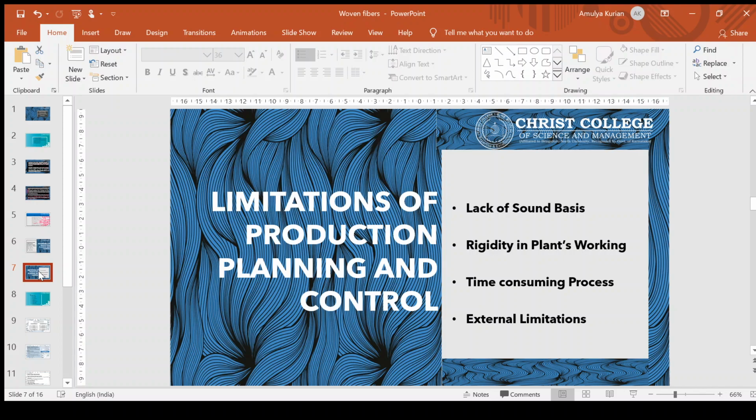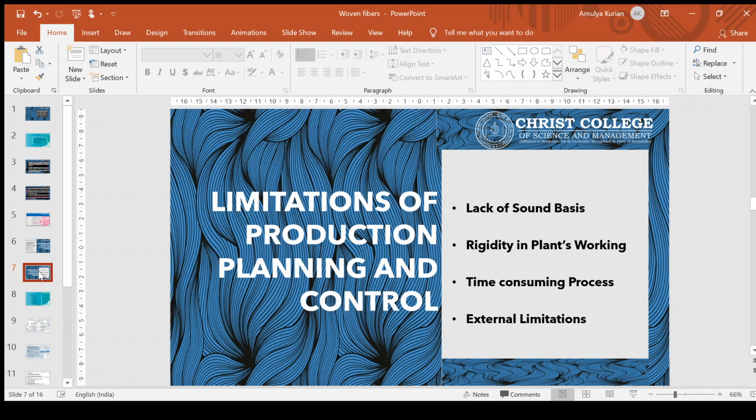So that is rigidity in plant working. Like rush orders, employees will be reluctant to take them because we have a plan and we are working based on the schedule. In such cases, employees won't be willing to take up such rush orders.